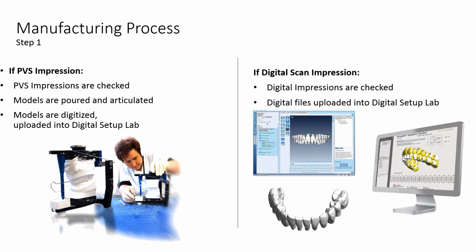Or obviously you send in a scan already as STL data, then that scan gets checked and uploaded to the setup department, and they manufacture the device and send you the setup review, which we're going to talk about later, to check.